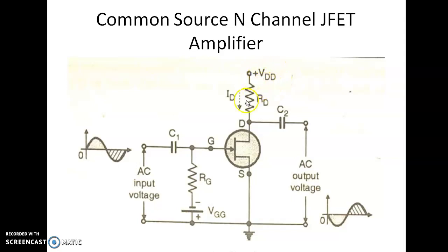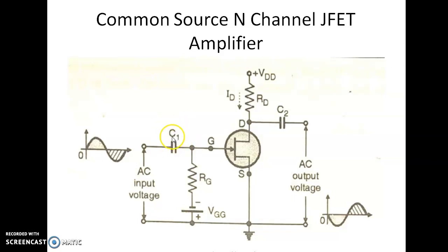C1 is a coupling capacitor, and C2 is another coupling capacitor. C1 is connected to the gate terminal. What is the role of the coupling capacitor? Coupling means joining or connecting.